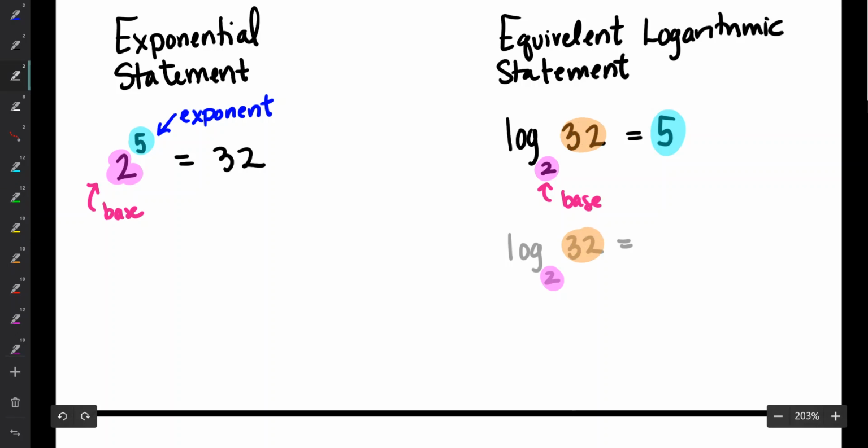Well, 32 is a perfect power of 2. It's 2 to the 5th. Those are the same number. And what does the log base 2 do? It gobbles up a perfect power of its base and it spits out that exponent.